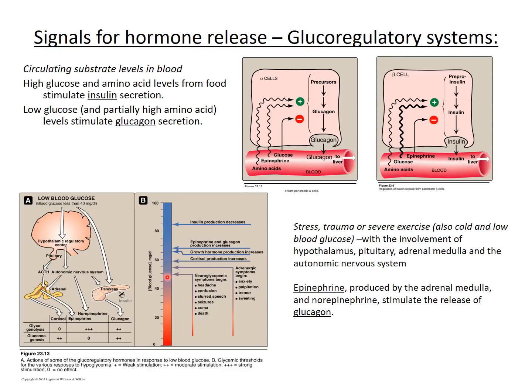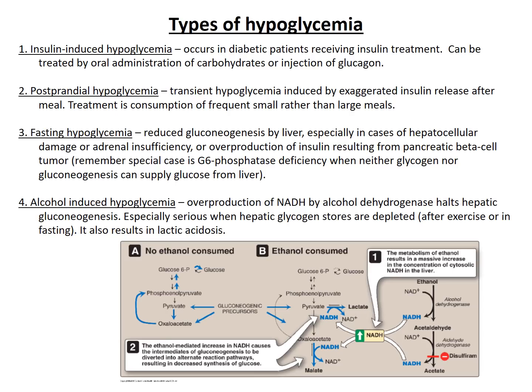Because dropping blood glucose can result in death, we need to assure that we have enough glucose in the circulation. When blood glucose is dropping, we call it hypoglycemia. Please remember, hypoglycemia is never normal. What are certain causes that can result in hypoglycemia?